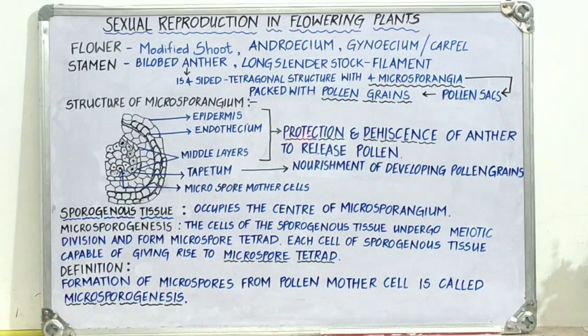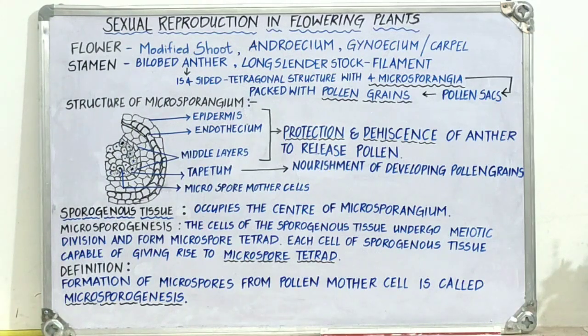In the first part, the structure of microsporangium, we came to know these 3 layers are responsible for protection and dehiscence of anther. So I have given very clear-cut information about the dehiscence of anther. Once again, by the dehiscence of anther, pollen grains are released.